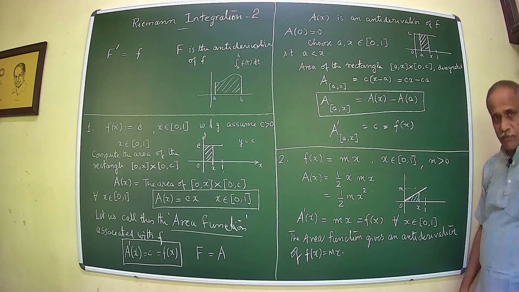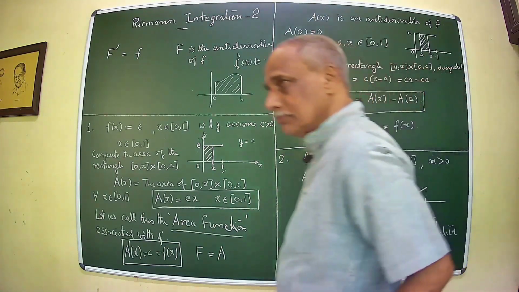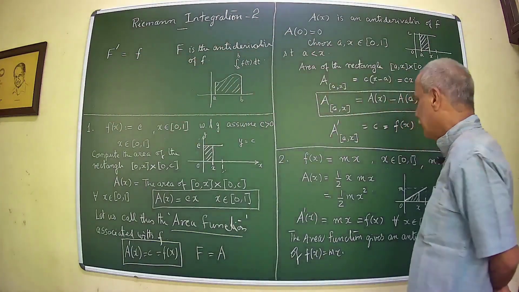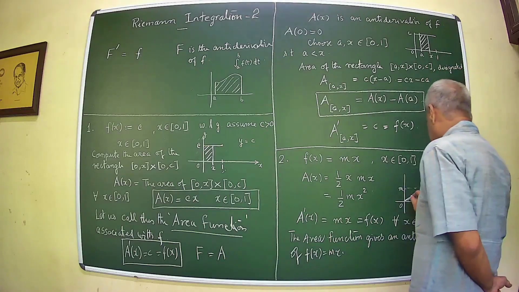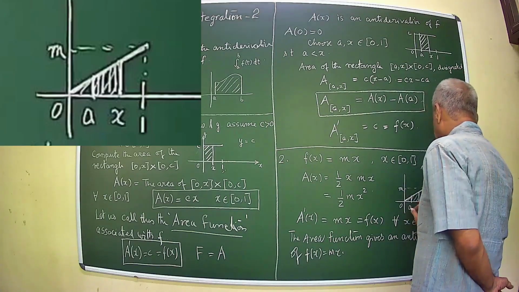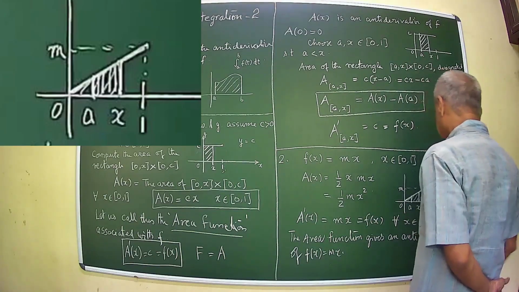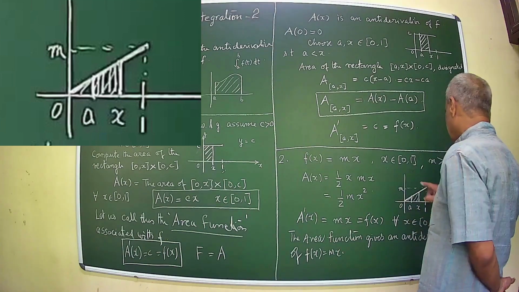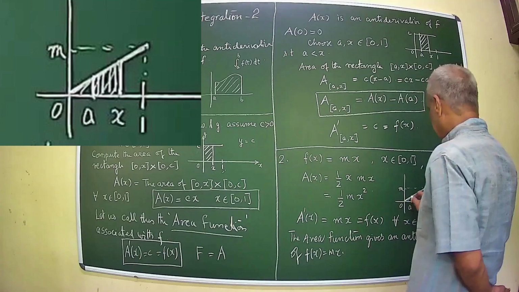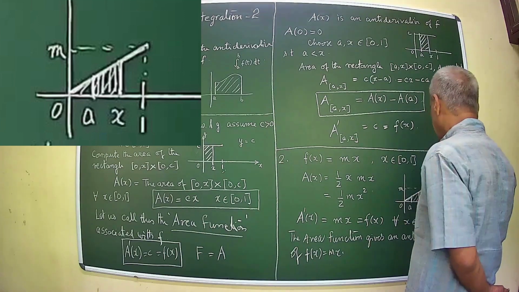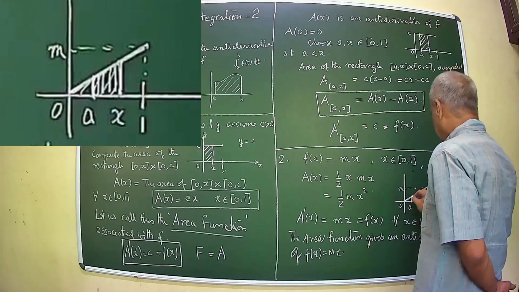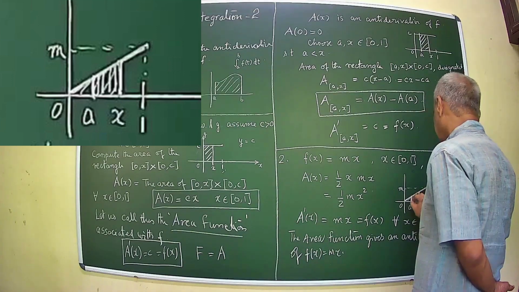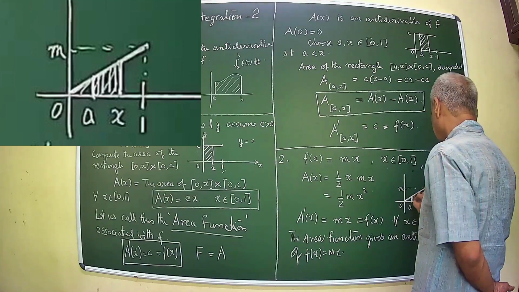What more did we do? Recall that we actually picked up a point a and x lying on the interval 0 to 1, and then worked out the area of the sort of trapezium that you have here. This is the trapezium that you have here.